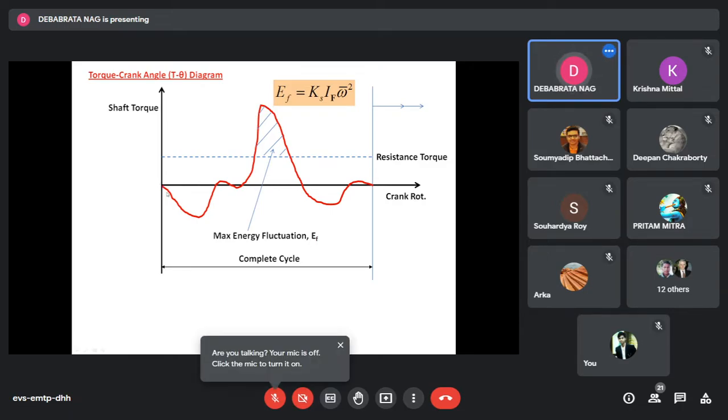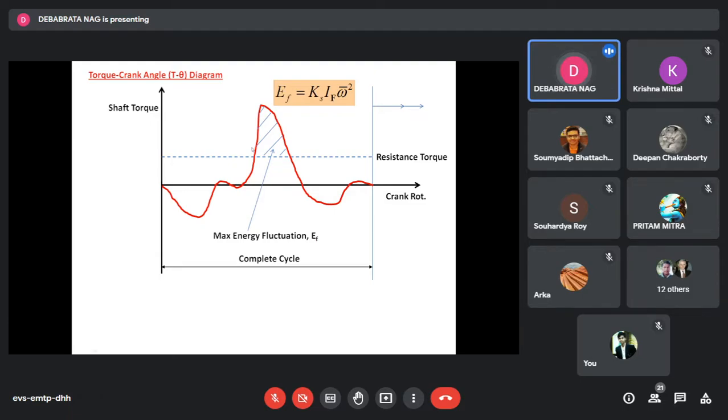So although there is no net change in the angular speed in the steady state operation of the engine at the beginning and at the end of the cycle, we see that within the cycle, that means intra-cycle, there is a variation in the angular speed. But from cycle to cycle, there is no variation. And that variation needs to be kept within a certain tolerable value.